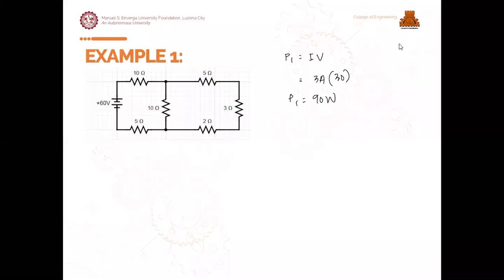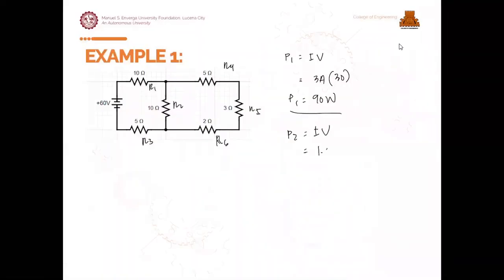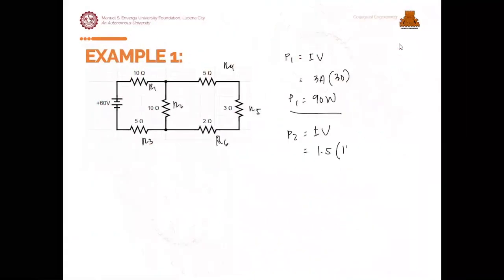Let us call these R1, R2, R3, R4, R5, and R6, so that we have a designation. P2 will be I times V. So the I we got for I2 is 1.5, and our voltage there is 15 volts.